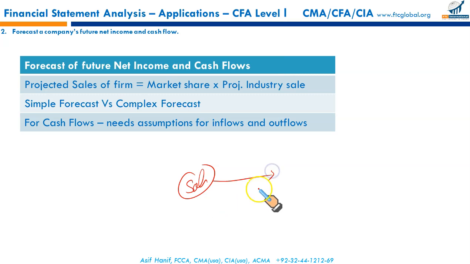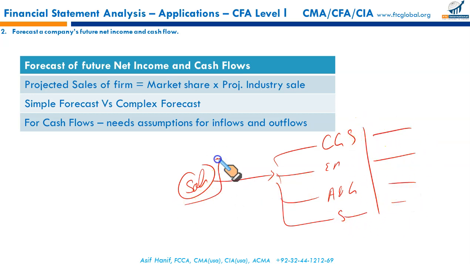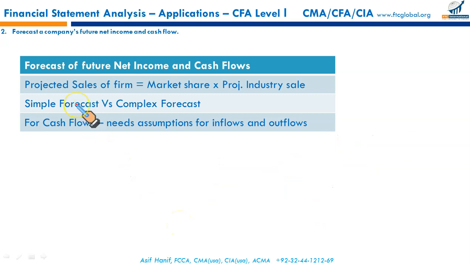When the sales are estimated, it would help us to estimate our projected CGS, projected ending inventory, projected administrative and general costs, projected selling and distribution cost, and all could be laid down starting with sales, called top-down approach. So how do we start? It could be as simple as this. Projected sales for a firm can be calculated this way.